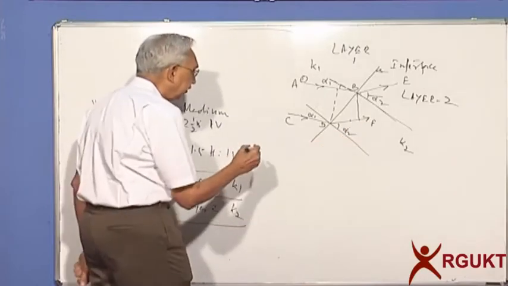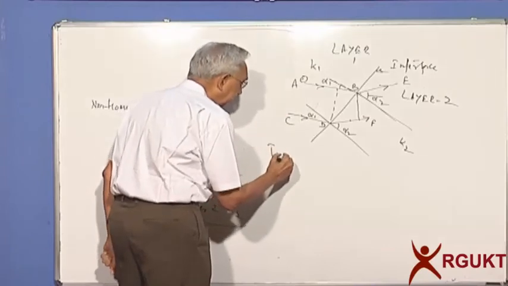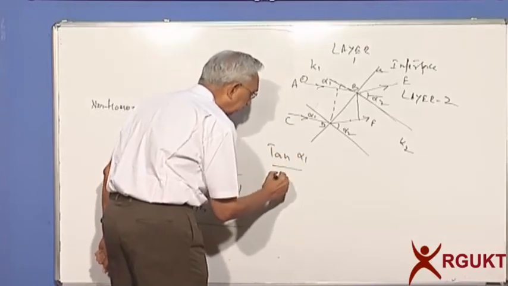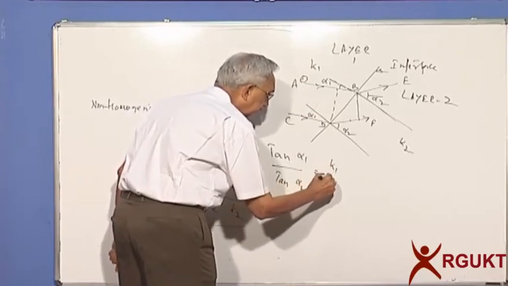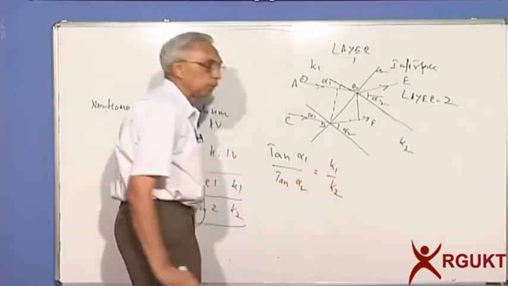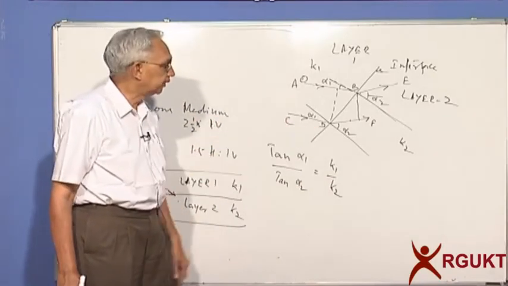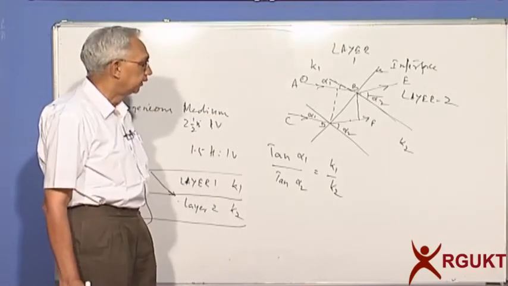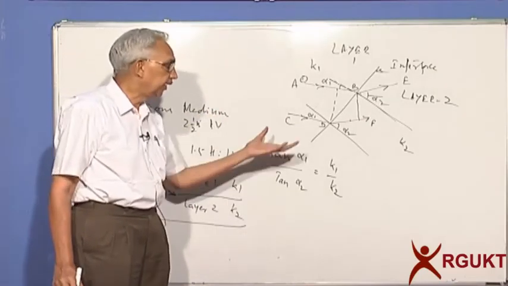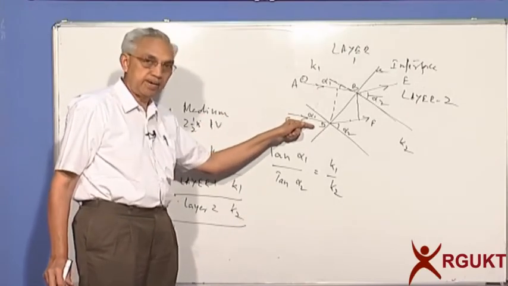And you can derive easily from physics or even from fluid continuity, tan alpha 1 by tan alpha 2 is equal to K1 by K2. The angles with which they meet and progress into the second layer are proportional to the coefficients of permeability. So how do I use this? This is exactly the same thing as a ray of light.